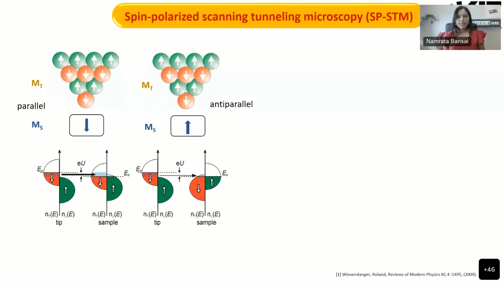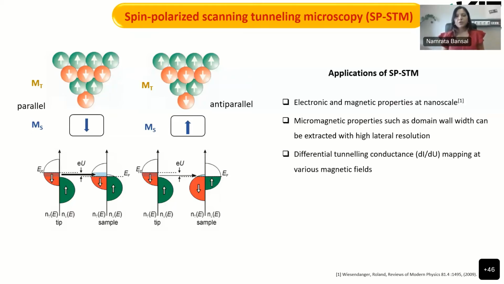First is the relative alignment of the local magnetization of tip and sample, and second is the spin polarization of tip and sample. Due to the tunneling magnetoresistance effect, when the spin states of the tip and the sample are in parallel condition, the differential conductance, which is proportional to the local density of states, is much higher compared to the anti-parallel case.